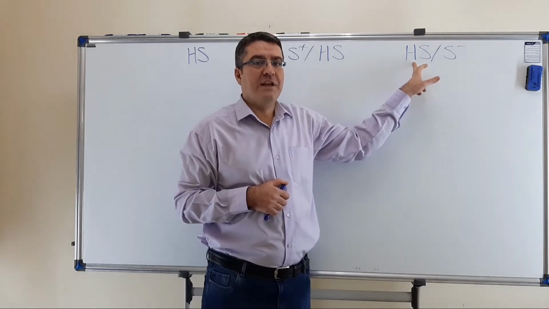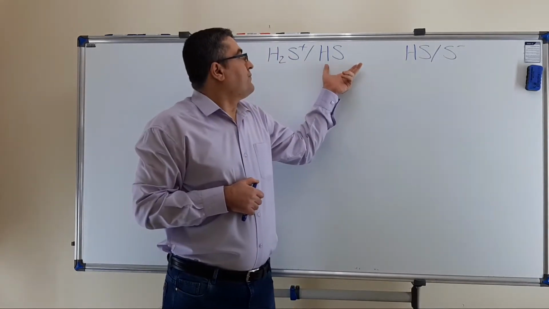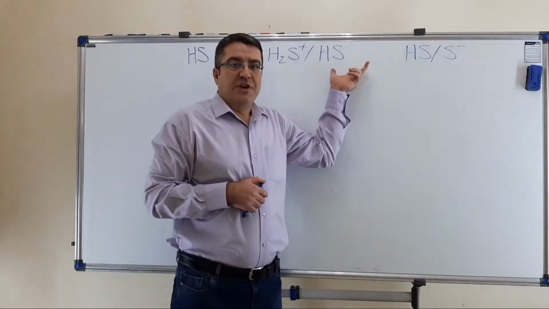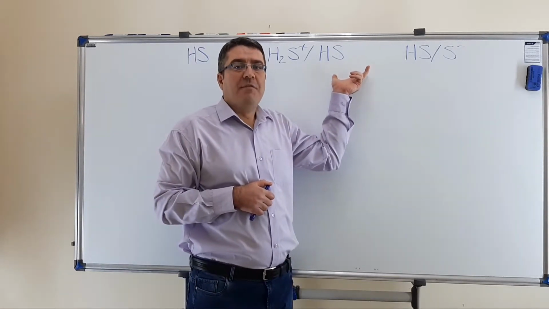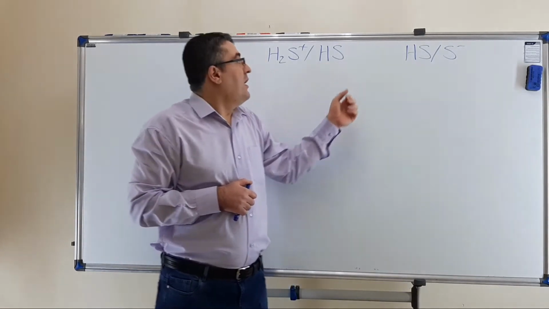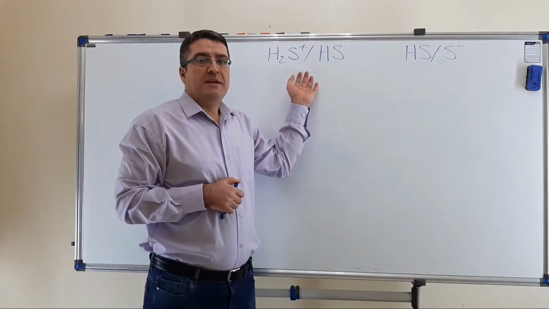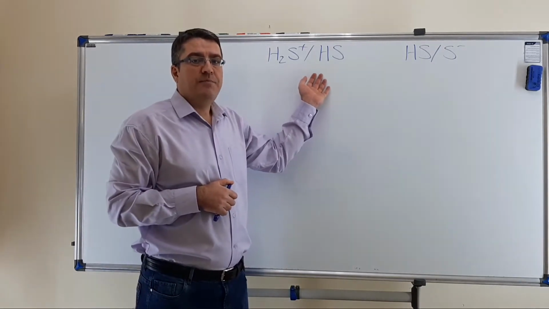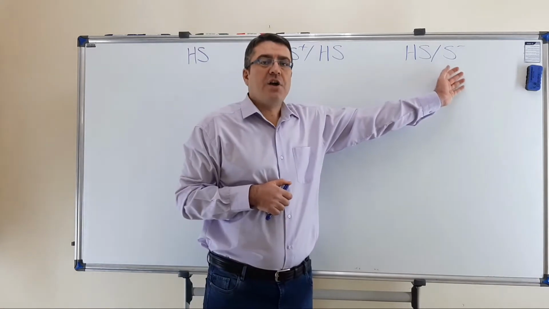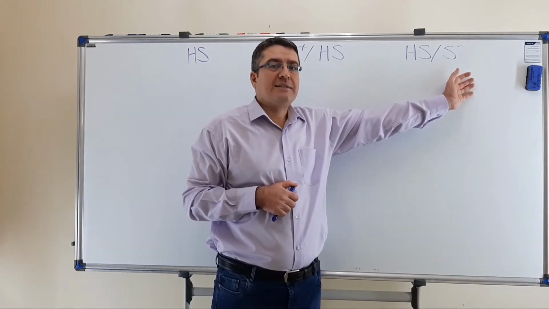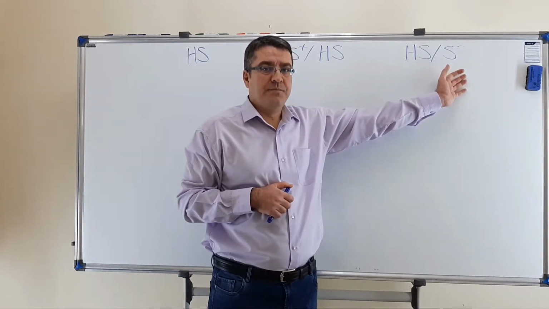So here we see that the solvent HS has an amphoteric role. In one conjugate acid-base pair, it acts as a conjugate base, while in another conjugate acid-base pair, it acts as the conjugate acid.